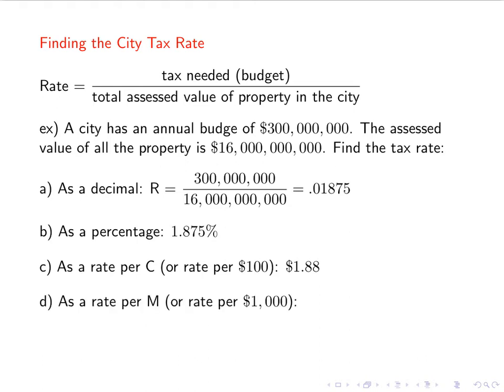The next way we see it is a rate per M, and M is the Roman numeral for 1,000. You think of it as a millennium is 1,000 years, so M is per $1,000. So if I want to go from my decimal to per 1,000, I'm going to move the decimal 3 places.